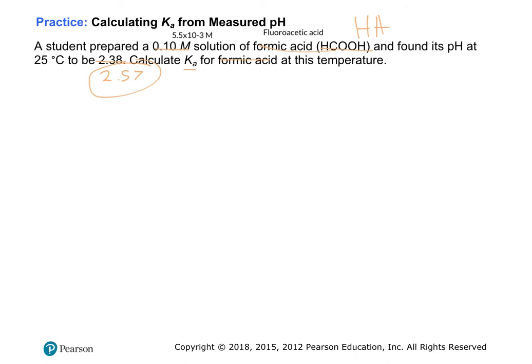So we're going to use a general formula where HA goes to hydrogen, doesn't really matter, plus the conjugate base. And in our ICE table, from this information, we can know the initial concentration, because it's given, of all the things.